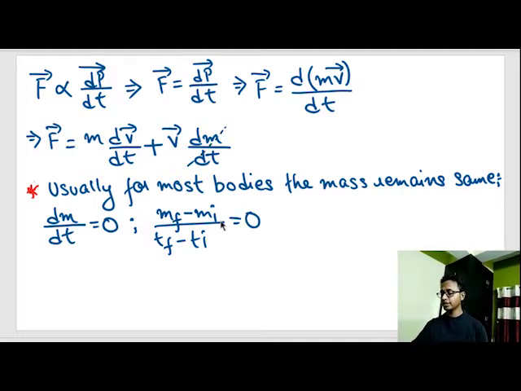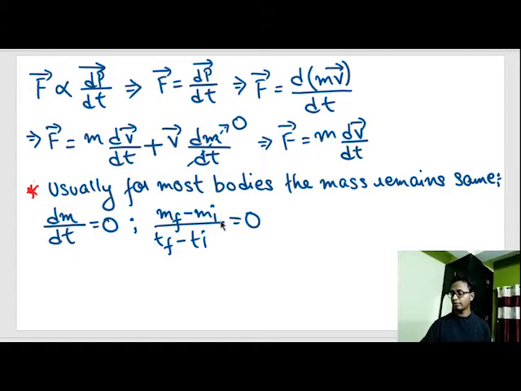Therefore, this term is equals to 0 for most cases, not all cases. Okay, for most cases where the mass is not changing, dm by dt is equals to 0. So can I say force is equals to m dv by dt, where the mass of the body remains constant?